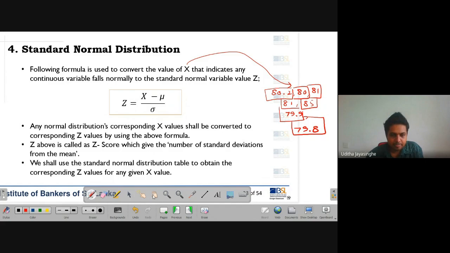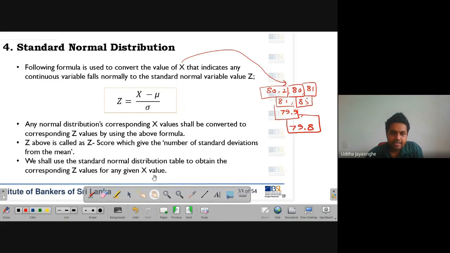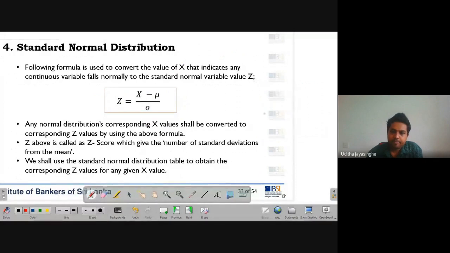A classic, simple example. Let's say your data set, we'll take this yogurt example, has an average mu of something like 80. That's where we start. The standard deviation is 1 gram. This is 80 grams and that is 1 gram. A randomly selected yogurt cup has a weight of 82.1 grams.